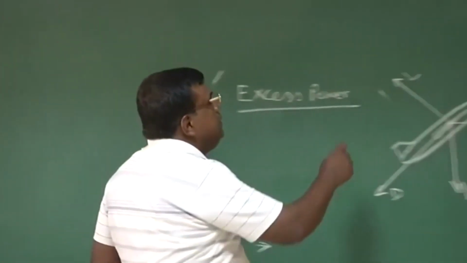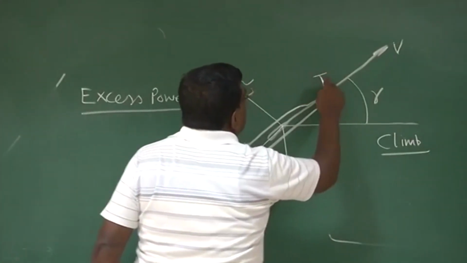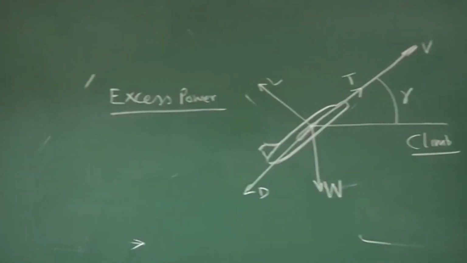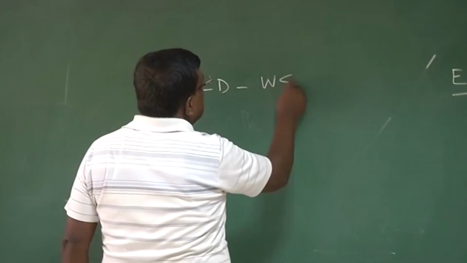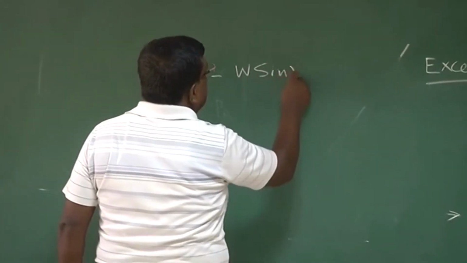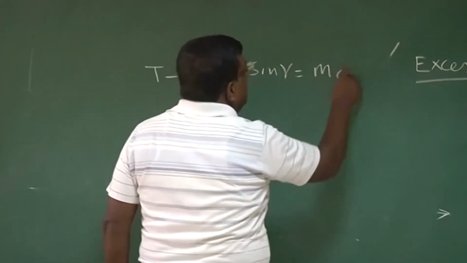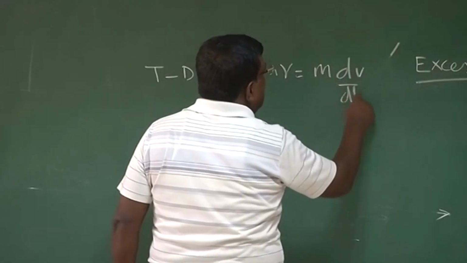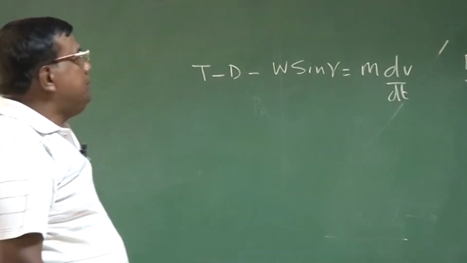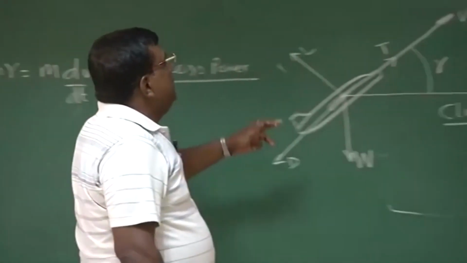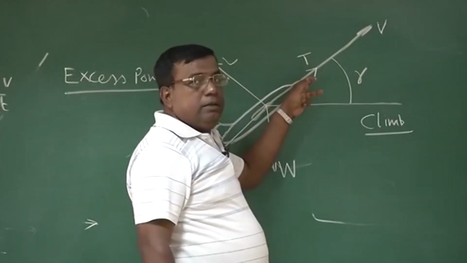Of course, there is a thrust. So I guess T minus D minus W sine gamma is equal to m dV by dt. What are the assumptions here when I have written this equation? First of all, I'm assuming that thrust and velocity are in the same direction.